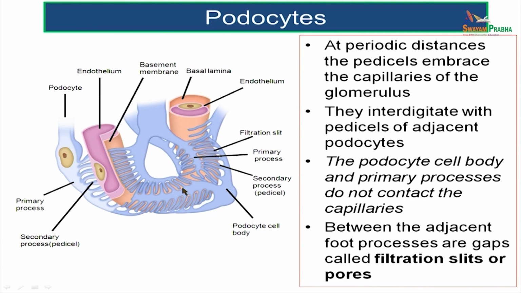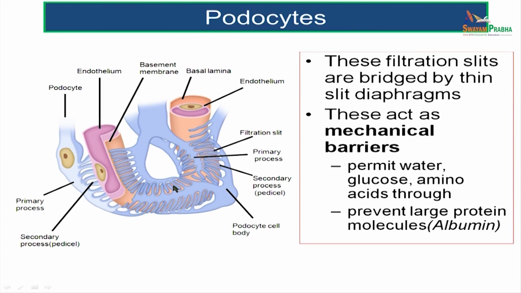These are the gaps which are seen, which are called as filtration slits, through which filtration is going to occur. They are called as filtration slits, or filtration pores. These filtration slits are closed by a diaphragm which is called as slit diaphragm.